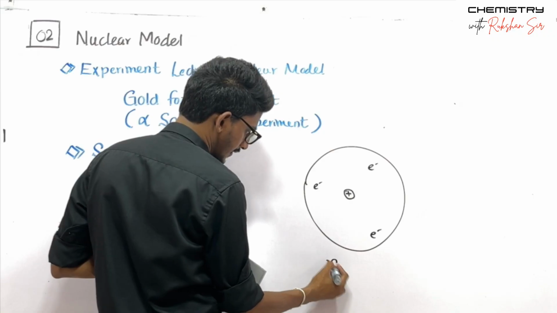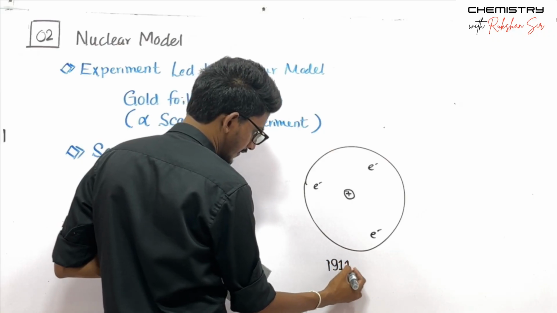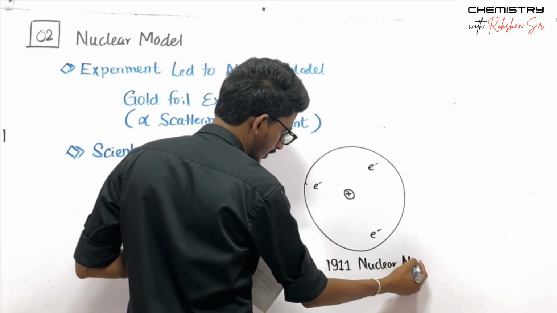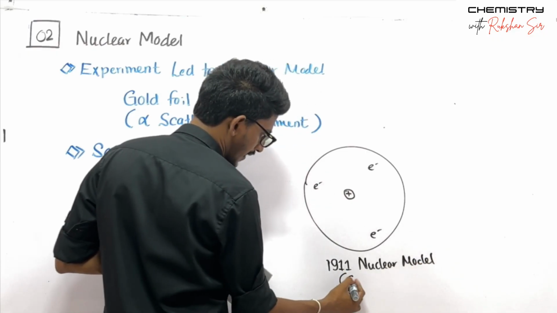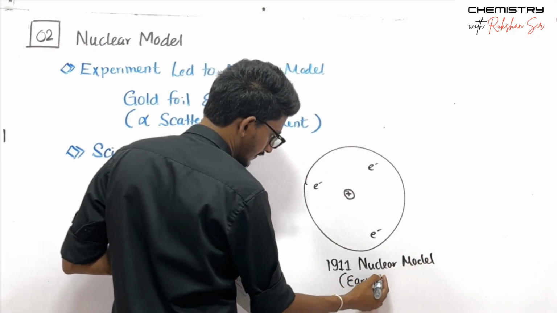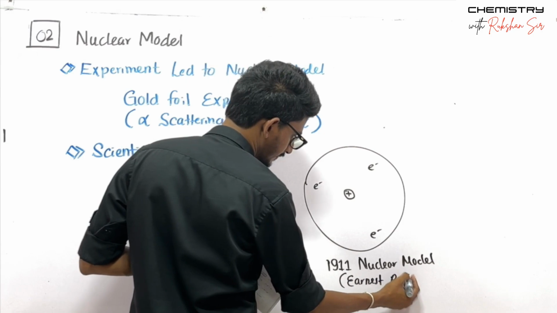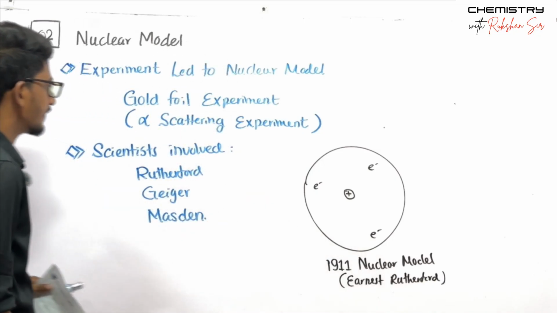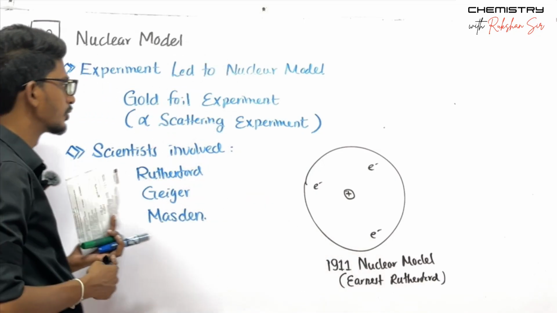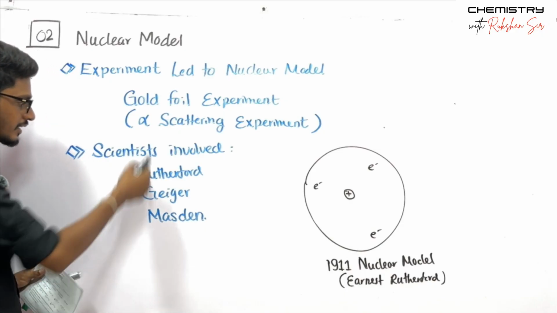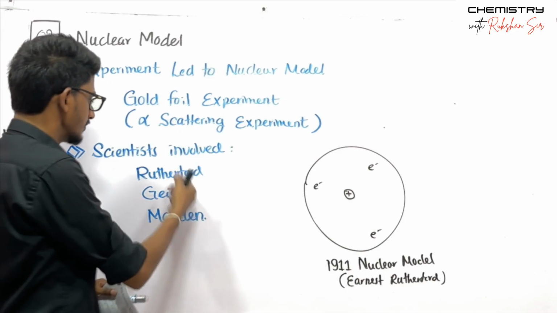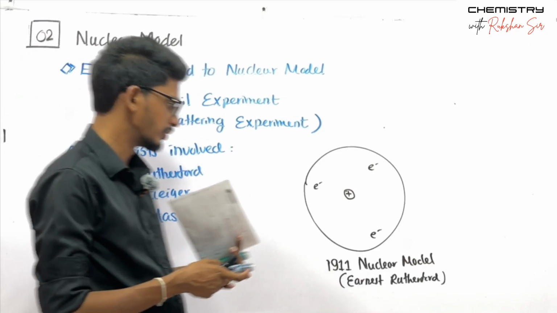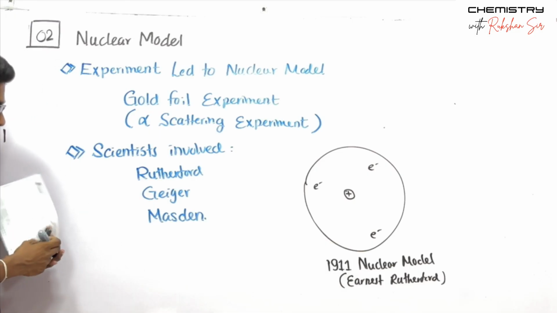In 1911, the nuclear model was introduced by Ernest Rutherford. This is the experiment which led to the nuclear model, the gold foil experiment, and the scientists involved were Rutherford, Geiger, and Marsden. So the answer is answer number 2.